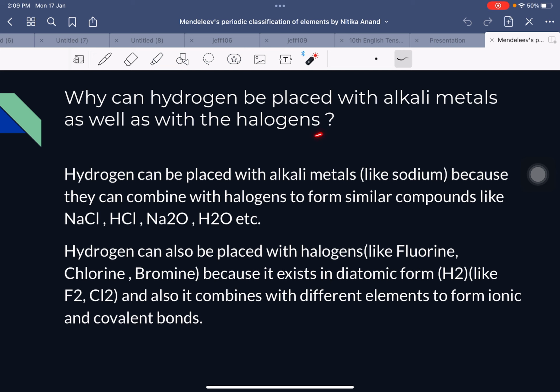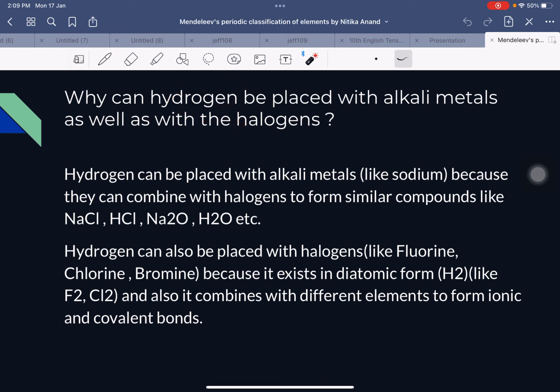Now, hydrogen can also be put in the category of halogens. Why? Because halogens are the ones which exist in a diatomic state, like fluorine F2, Cl2, Br2, I2. In the same way, hydrogen is also diatomic, H2. This is the reason why hydrogen can be placed with alkali metals as well as halogens.